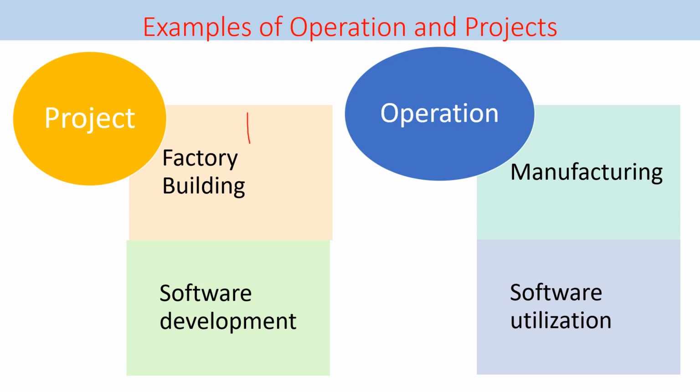Unlike the project, manufacturing is an operation activity because it is a routine and daily activity which doesn't have an ending point. And utilization of a software, after developing a software, we are going to utilize that software for an indefinite period of time. So utilization of a software is part of operations.